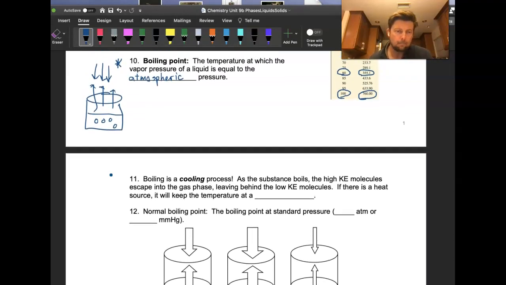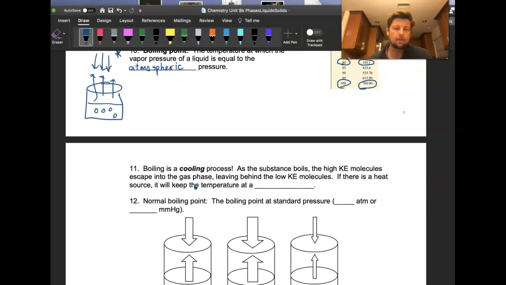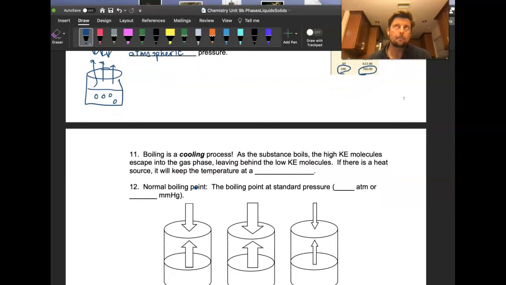Boiling is also a cooling process, and if you think about what's going on when you're boiling your water, you're adding heat under your pan, and at the same time the temperature is not going up. So what is allowing this boiling water to stay at the same temperature?